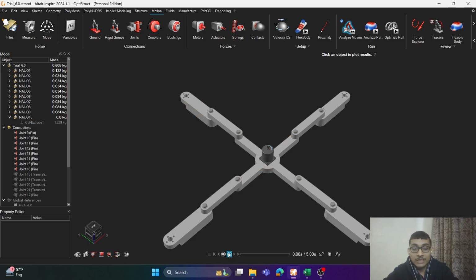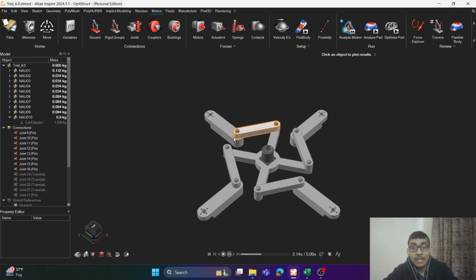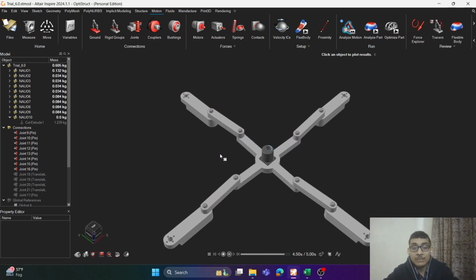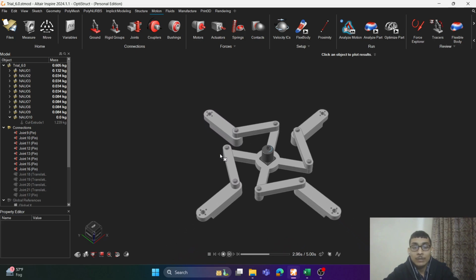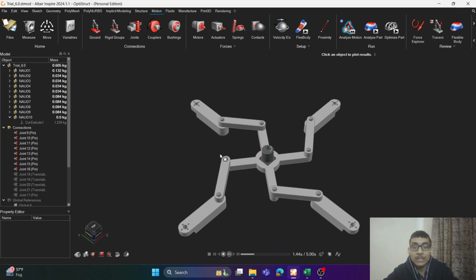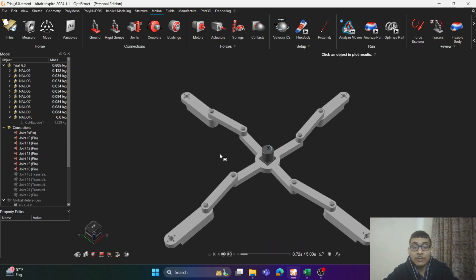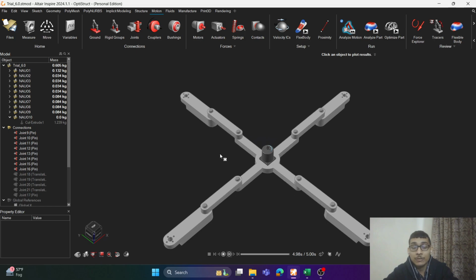So you can see this motion in this way, and I intend to make this mechanism because currently there are a lot of innovations going on in drones to make them optimal for a variety of terrains, and I want to do the same by varying the drone arm length in my drone.